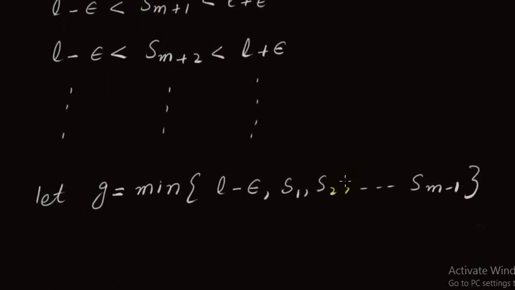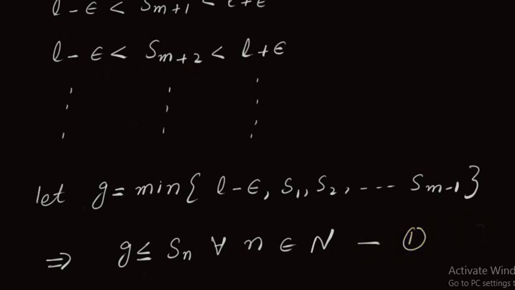And the terms which are not covered by L minus epsilon are S1, S2, and so on up to Sm minus 1. So if g is the minimum of these values, then g is less than or equal to Sn for all n belonging to the natural numbers N. This is our equation number 1.